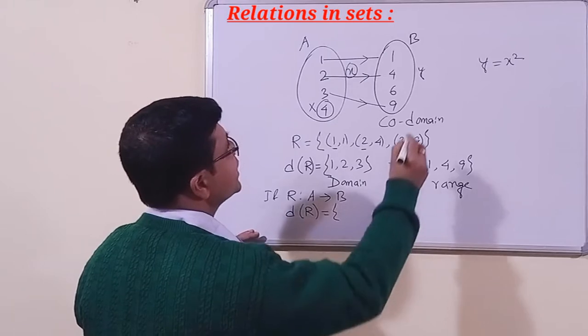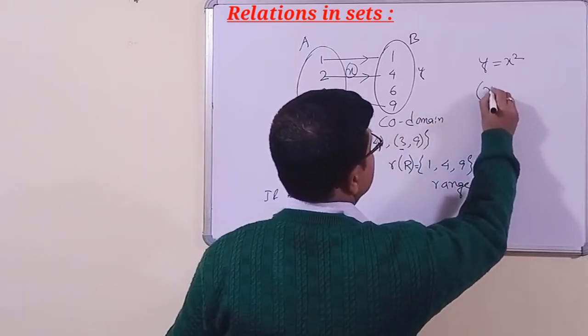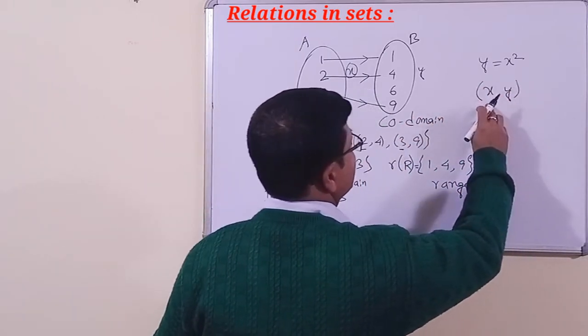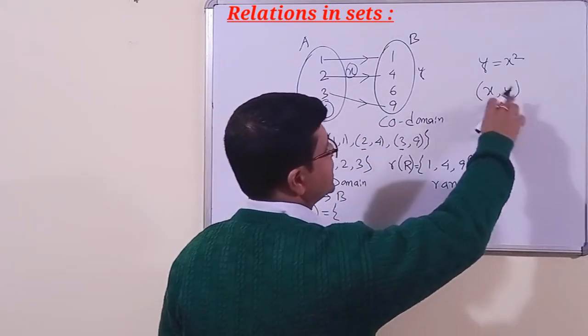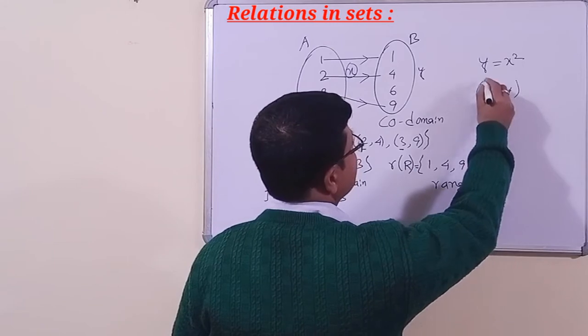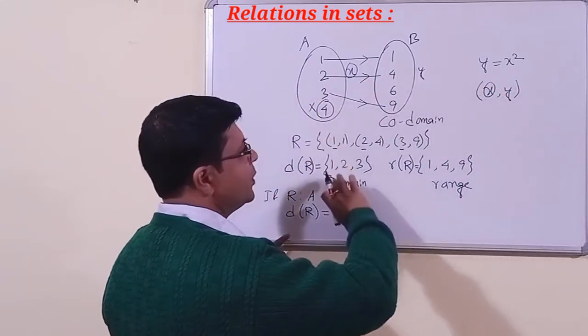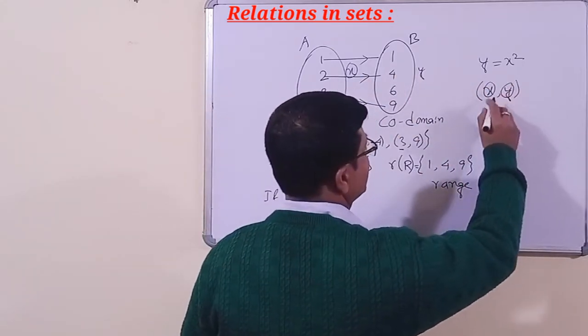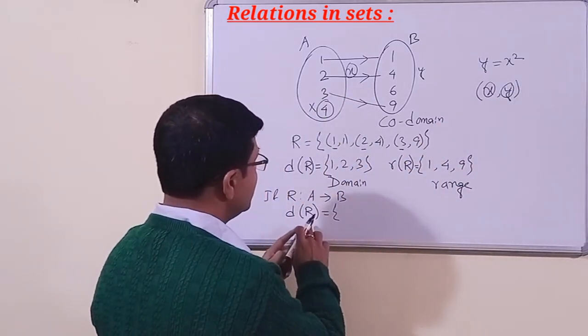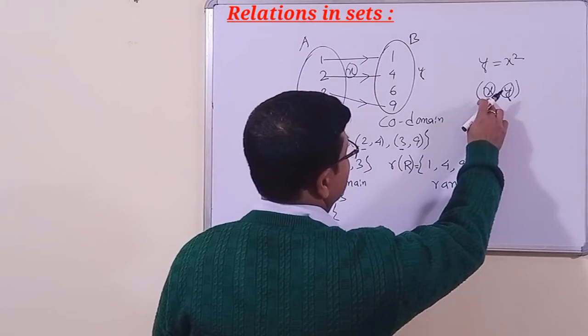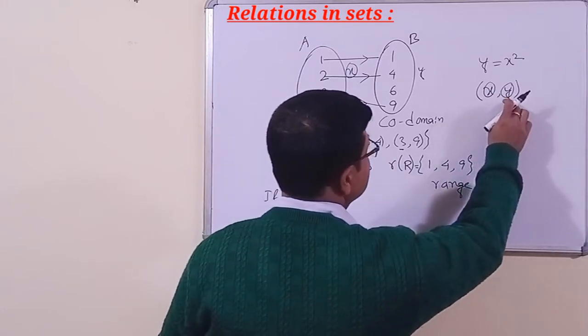Okay, if I write an xy component, an ordered pair, where there is a relation, the first component will always be the domain and the second component will always be the range. So to represent the domain, we always take the first one, and for the range we take the second component.